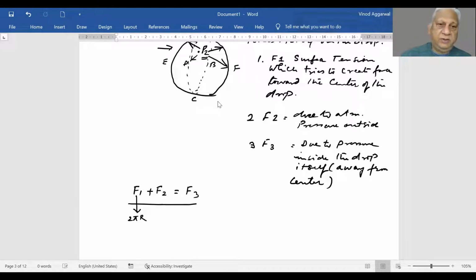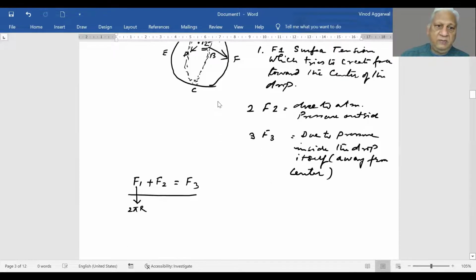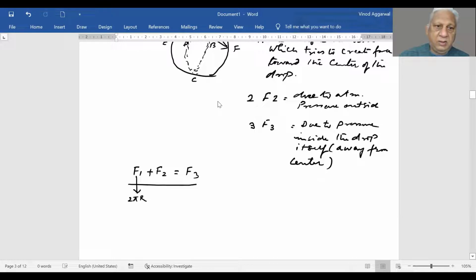The surface tension is acting on this periphery, on this imaginary line. Right? And what is the perimeter of this line? The perimeter of this line is 2 pi r. And S is the surface tension per unit length. So this is the total force due to surface tension.